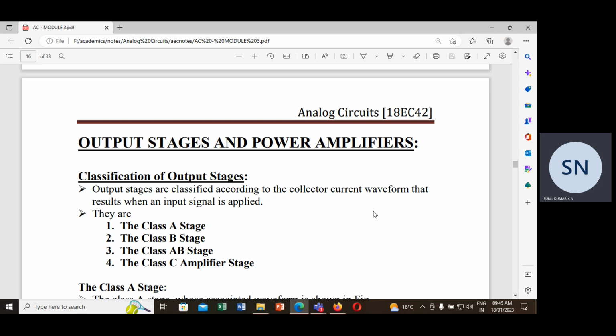So if I am going to have inverting, RF by R1 from the output to input, then this type of gain will be obtained as the inverting gain. This is the voltage follower and this is non-inverting. So these gains are going to be very less when compared to the open loop gain.